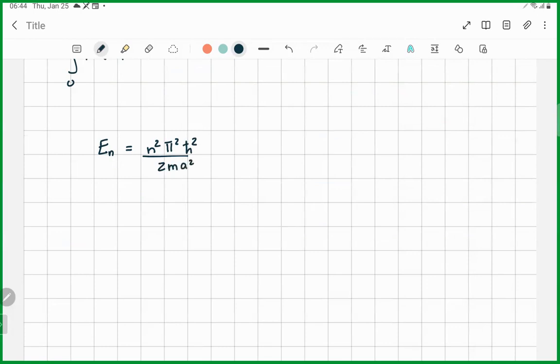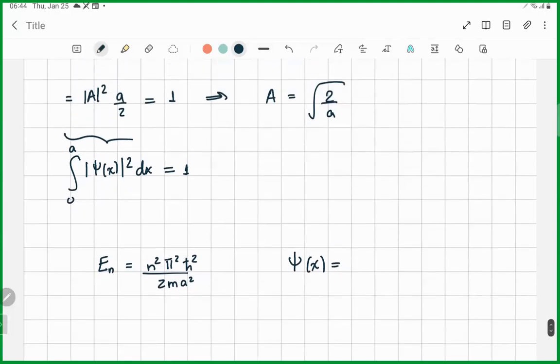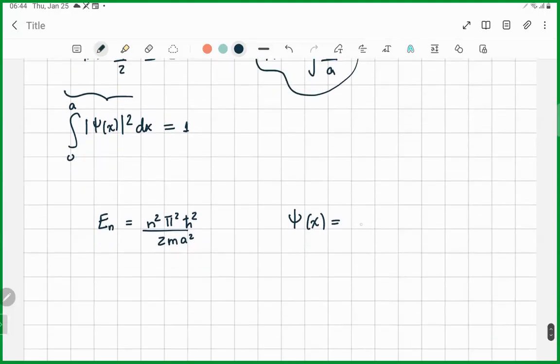That psi of x. Now, instead of big A, I'm going to put what we just found, the square root of this ratio. And then here we have the sine of kx. Just as here we have this index, here I'm going to put an index as well.